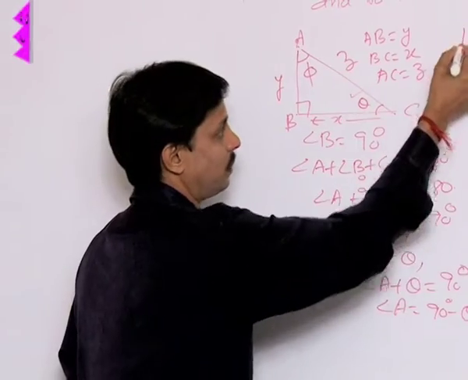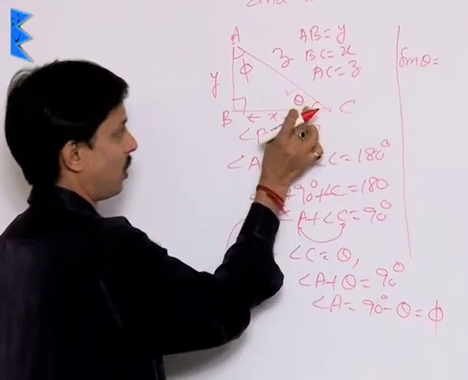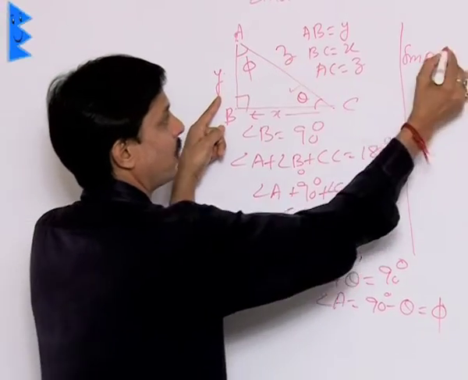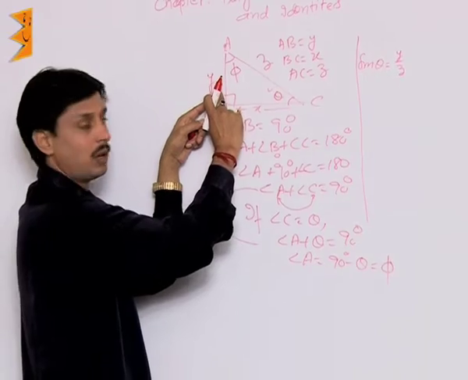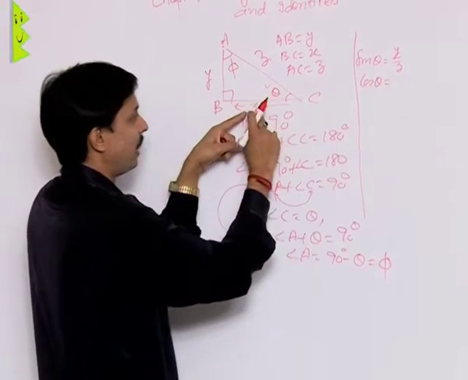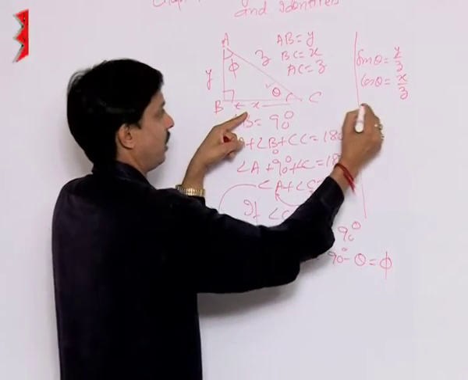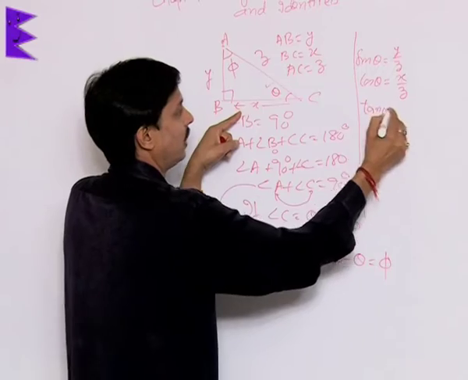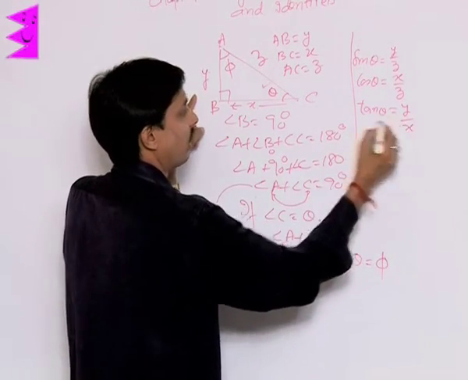The answers will be like this. Sin theta is y upon z, because for theta, y is perpendicular and z is hypotenuse. Cos theta is base upon hypotenuse, that is x upon z. Tan theta is perpendicular upon base, that is y upon x.